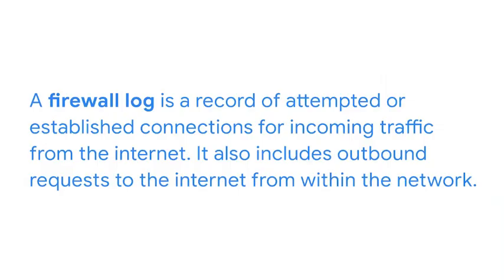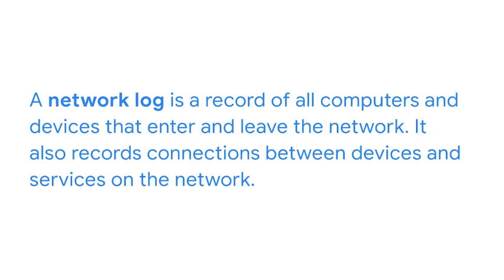A firewall log is a record of attempted or established connections for incoming traffic from the internet. It also includes outbound requests to the internet from within the network. A network log is a record of all computers and devices that enter and leave the network. It also records connections between devices and services on the network.